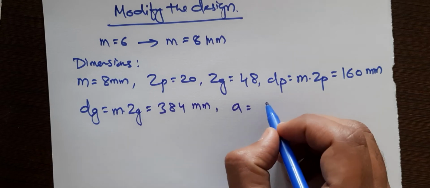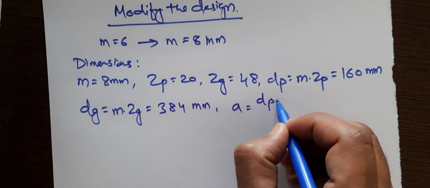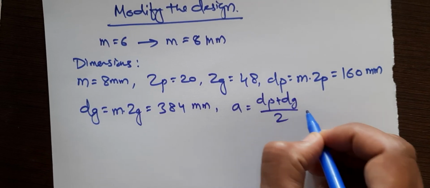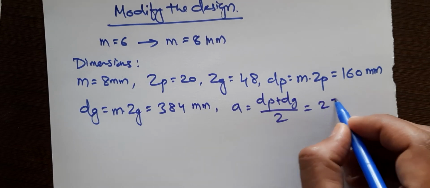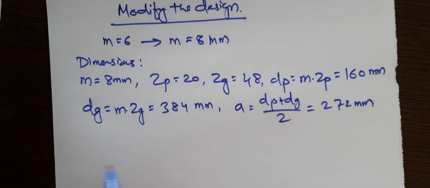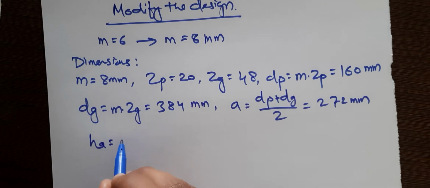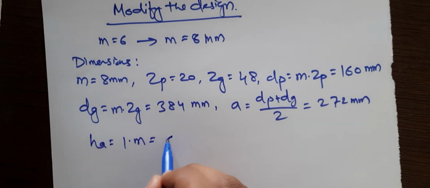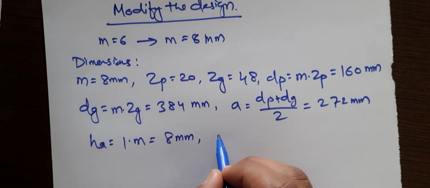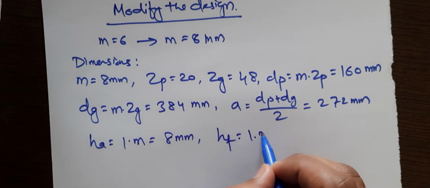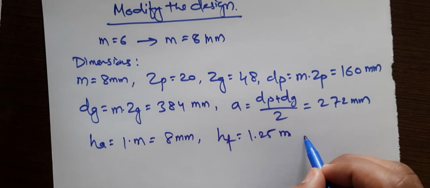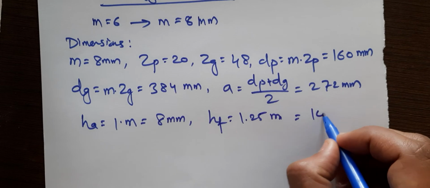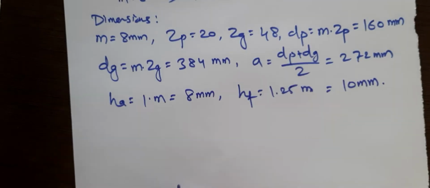Then A is DP plus DG divided by 2, so here 272 mm. Then addendum, one module, 8 mm, dedendum 1.25 module is equal to 10 mm. So these are the dimensions of the gear pair.